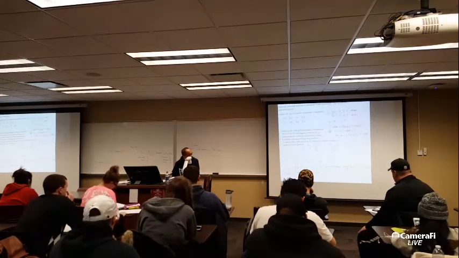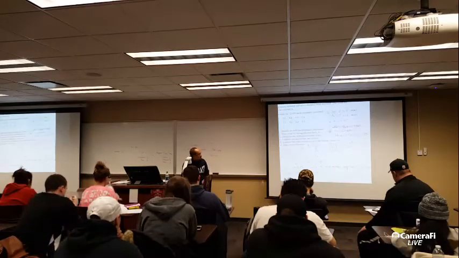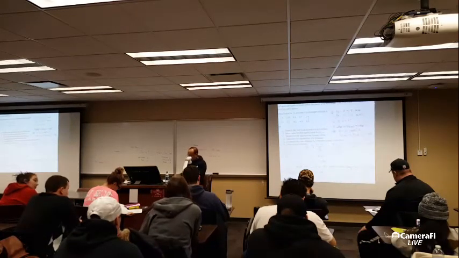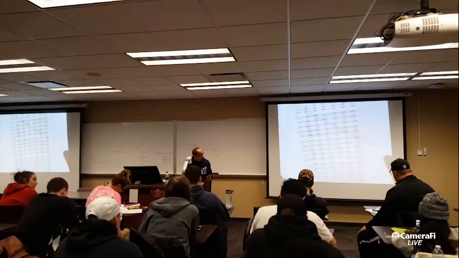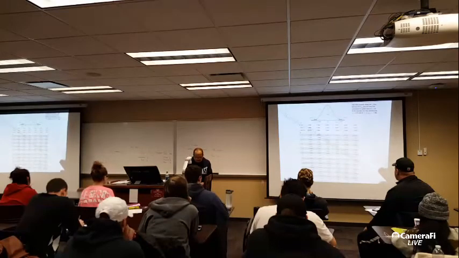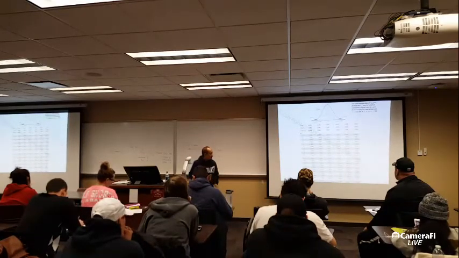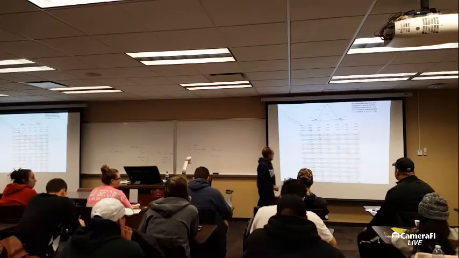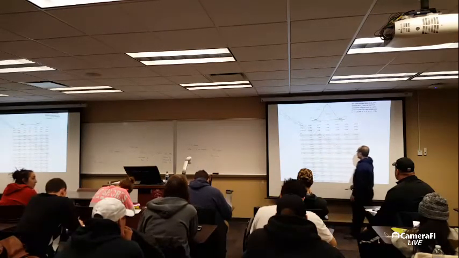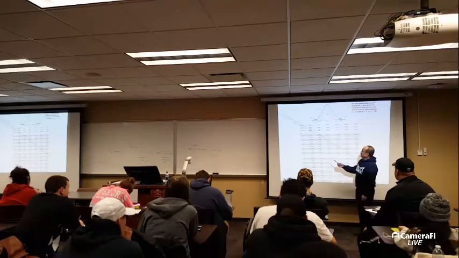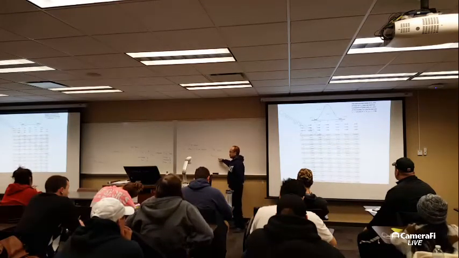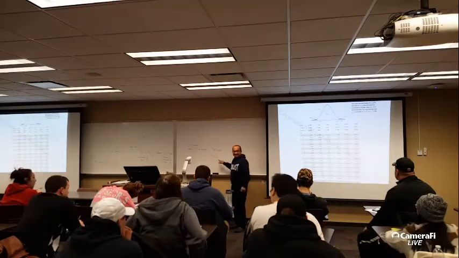Okay, so let me show you how you calculate that. So we know that n minus 1, the degree of freedom, is 11, and the Tx is 1.95, right?